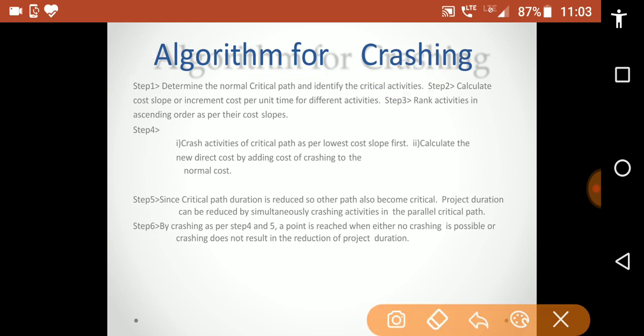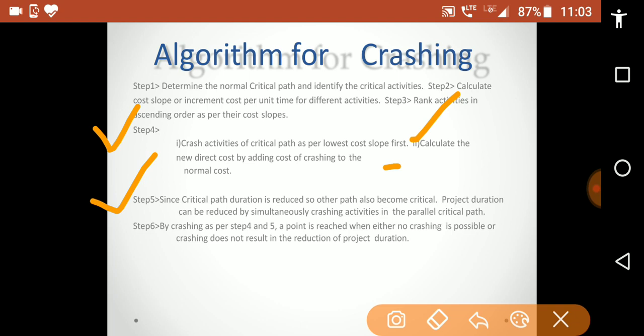Step 3, rank activities in ascending order as per their cost slope. Step 4, crash activities of the critical path as per lowest cost slope first. Now calculate the new direct cost by adding the cost of crashing to the normal cost.